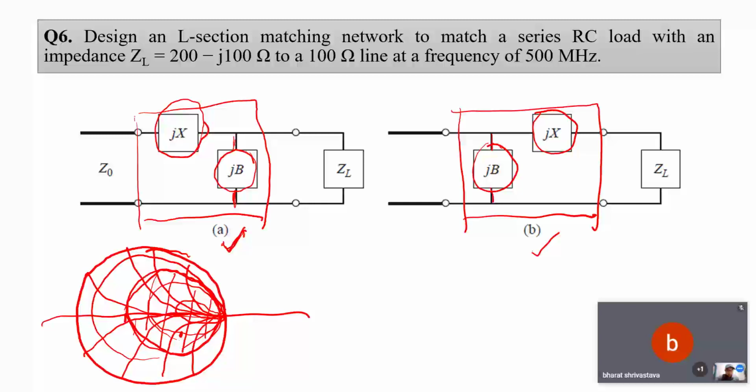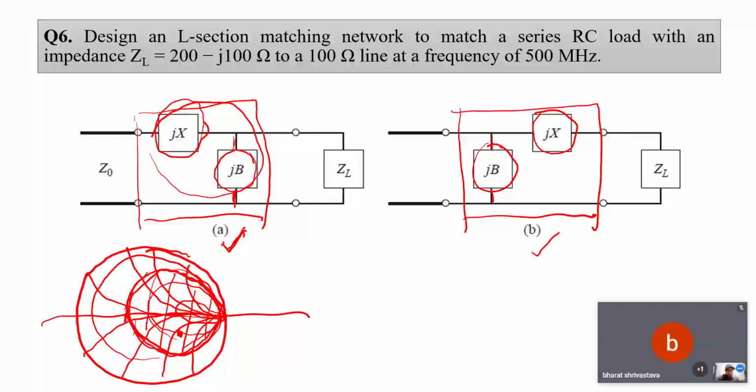Because suppose your point is here, you are using a lossless component, that is either L or C. So if you are using either L or C, you will not be able to come to this unity circle.